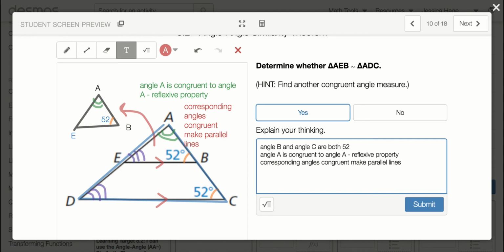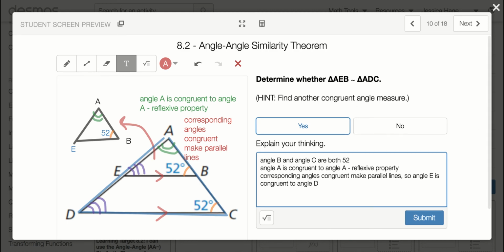So we did have two angles congruent with angle A and angle A. And then you can go further and say angle E is congruent to angle D. Right, so we could prove these triangles similar by the angle-angle similarity theorem.